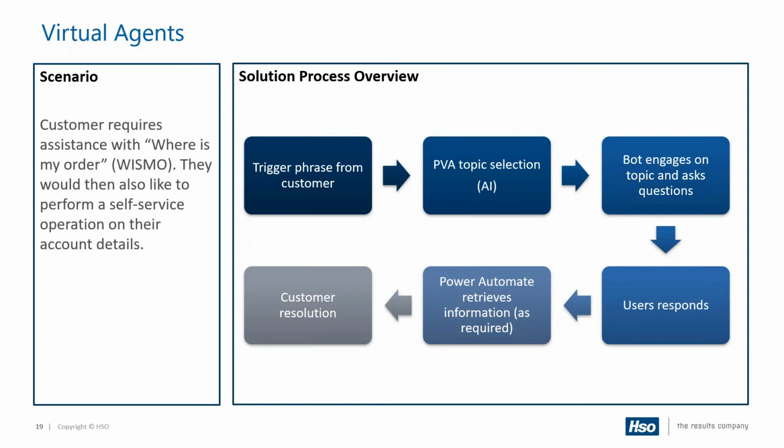So just as a solution process overview, the scenarios we're going to go through start with the customer and how they're going to initiate the conversation. That's going to engage the Power Virtual Agent, and that's going to use something called conversational AI to identify the nature of the customer's query and how best to ask the questions to gauge and assist the customer.